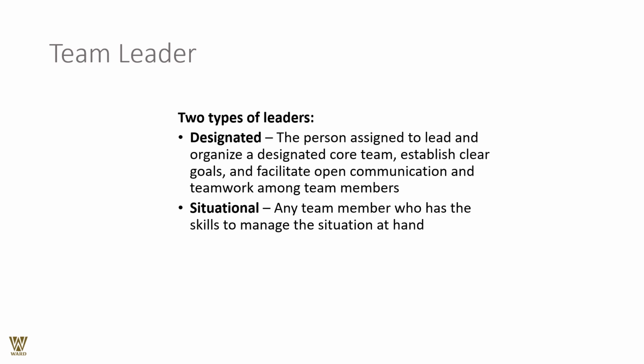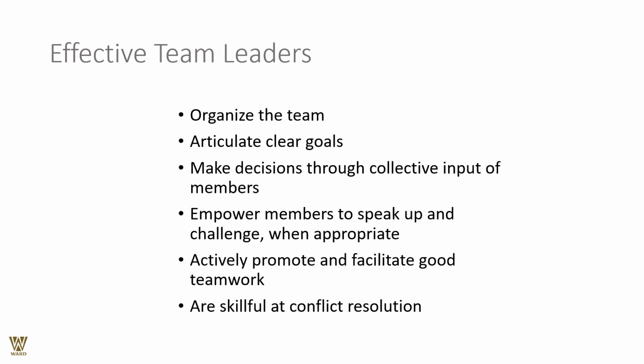This is what I say the designated team leader. But then there are leaders who get manifested or propelled into a leadership position just on account of the situation. Any team member who has the skill to manage a situation at hand is propelled to assume the leadership position because of the emerging situation.